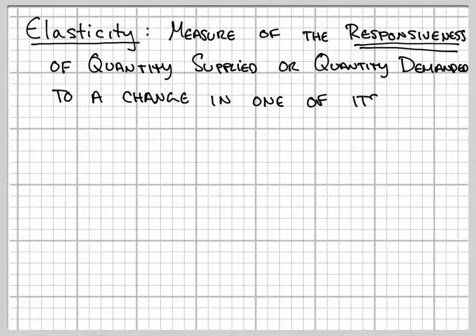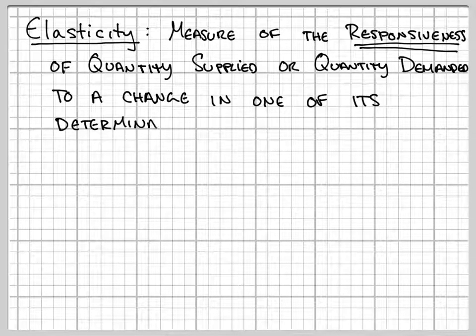So in the last chapter, we talked about all the different determinants of supply and all the different determinants of demand. So for example, income was a determinant of demand. Input prices was one of the determinants of supply.